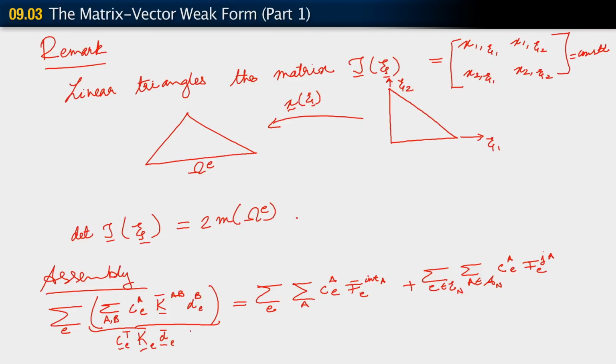The k bar is a rectangular matrix because the existence of the Dirichlet boundary conditions says that the size of the vector C E is not the same as the size of the vector d bar E in every single case. For the elements lying on the Dirichlet boundary, they're not the same.